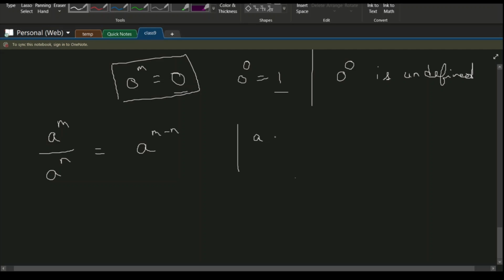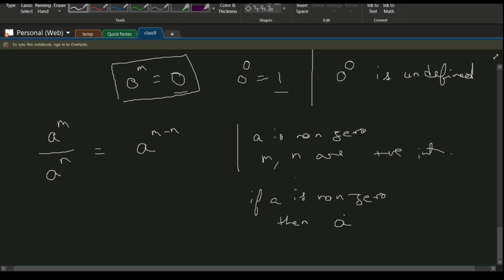So I'll say a is non-zero, m and n are positive integers. So we know this. And we also know that if a is non-zero, then a to the power 0 is 1.